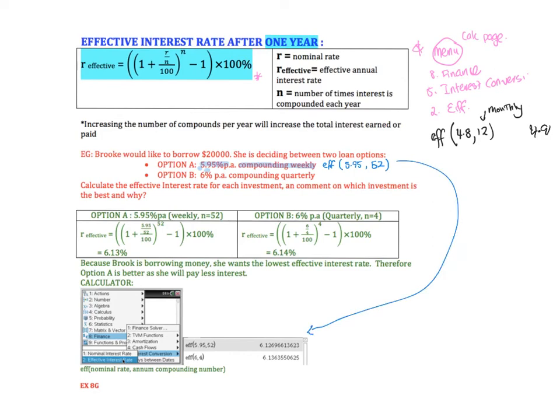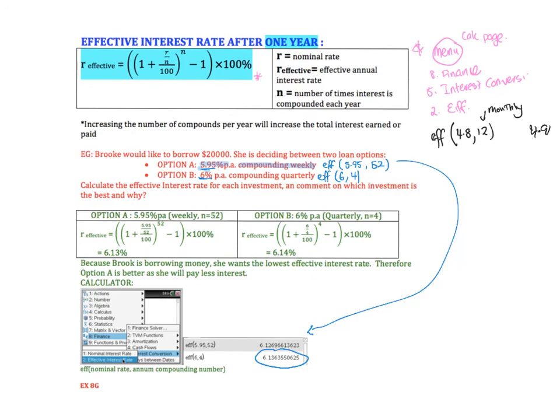Her other option, she went to another bank, they're going to offer her 6% per annum, compounding quarterly. You would think weekly should give the higher one because it's compounding more often, but the rates aren't the same, so we can't be totally sure. So we pop this one into the calculator too, 6% compounding quarterly, which means 4 times a year, and we find out that the 6%, even though it's not compounded as often, is a little bit higher.